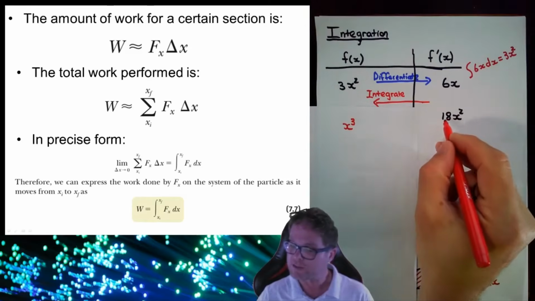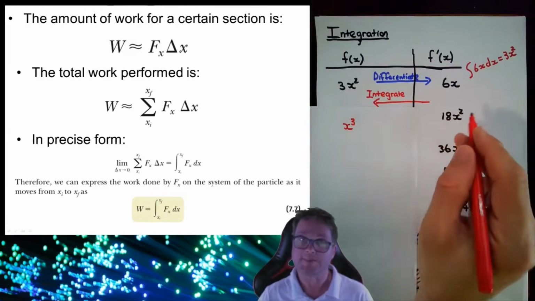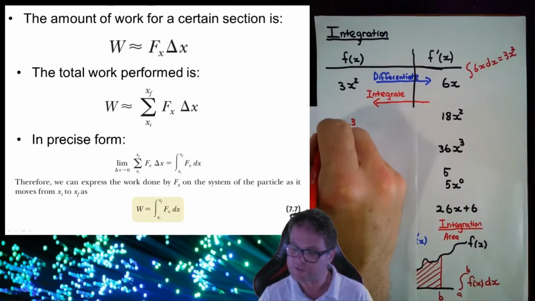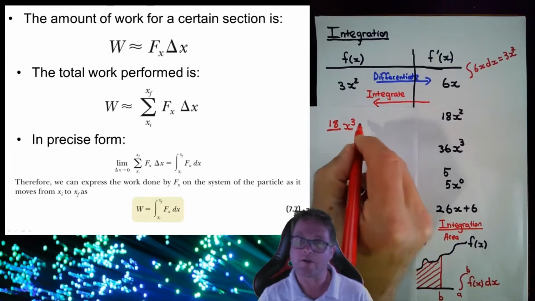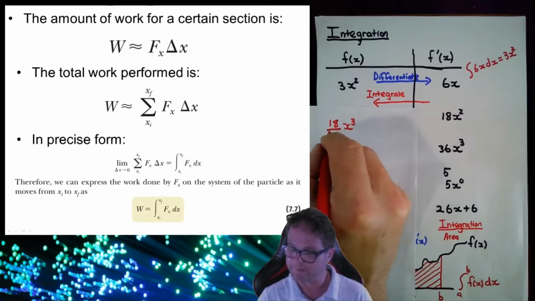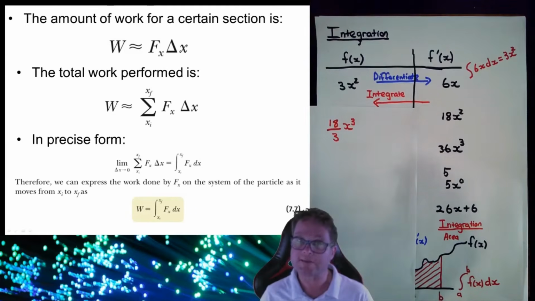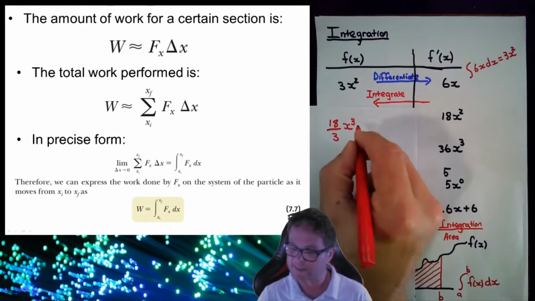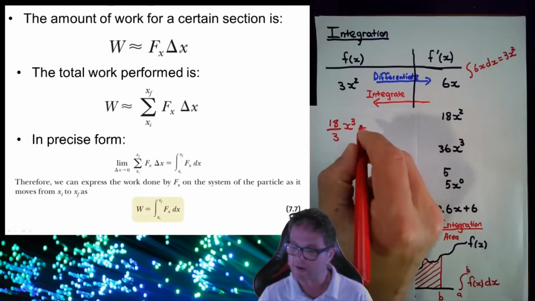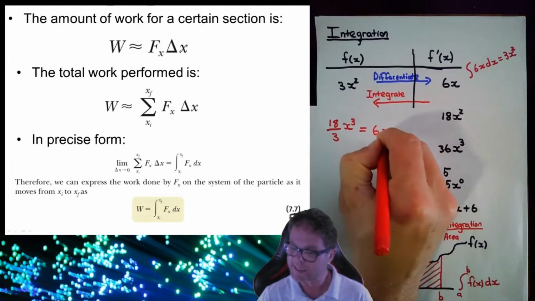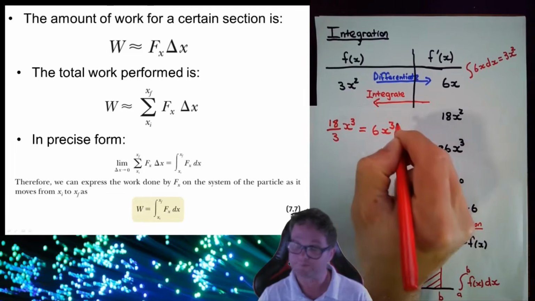Then what we need to do is take this number in front and divide it by the new power. The new power that we found over here is 3. So this gives us 18 divided by 3 is 6, 6x to the 3.